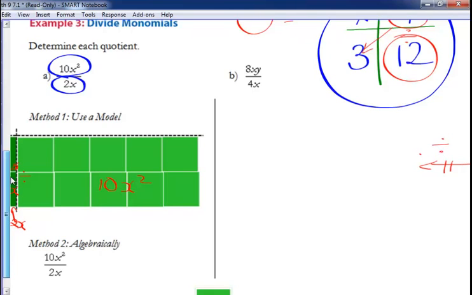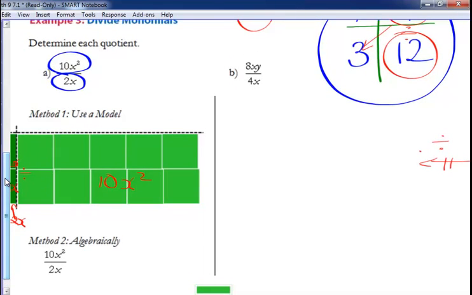Now, what's that going to look like? Well, if we complete the model here, we would be taking little x's and putting them up here, wouldn't we? So if we imagine doing the multiplication in reverse, doing it backwards, which is really what division is anyway, isn't it?